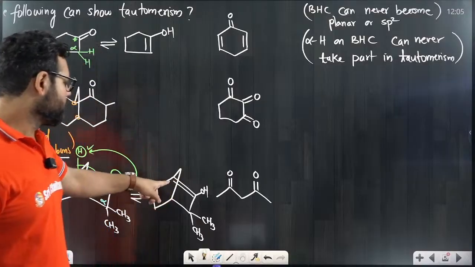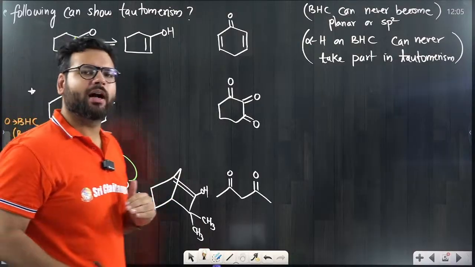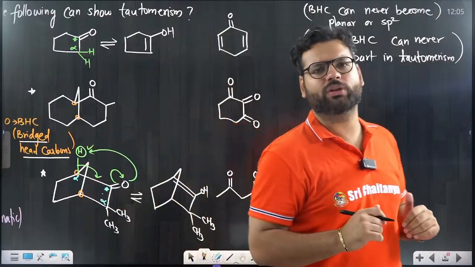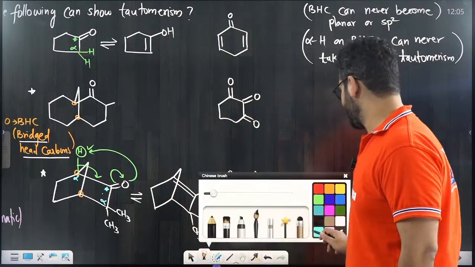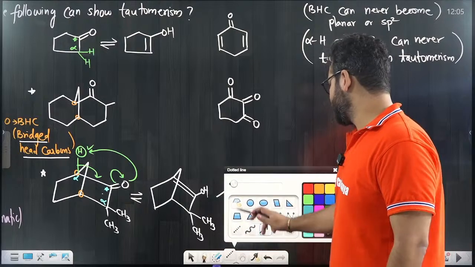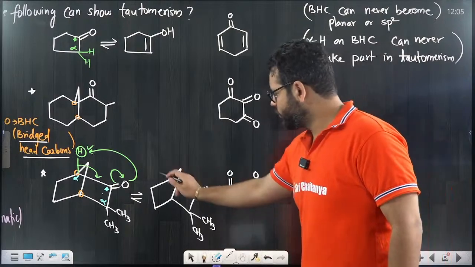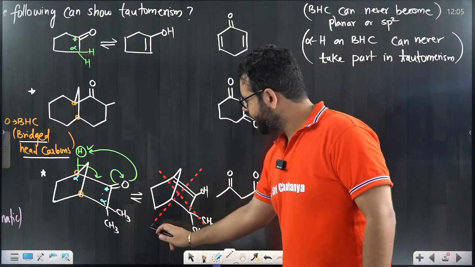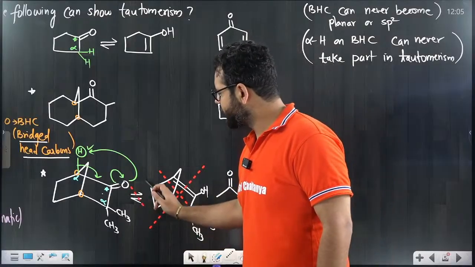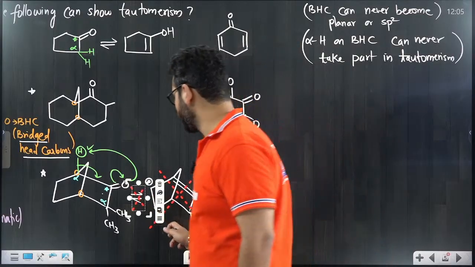And I just told you that if this carbon is sp2, then how can it go out of plane? So this is not possible. Don't do this. Bridgehead carbon can never become sp2. So the answer is no. It cannot show tautomerism.